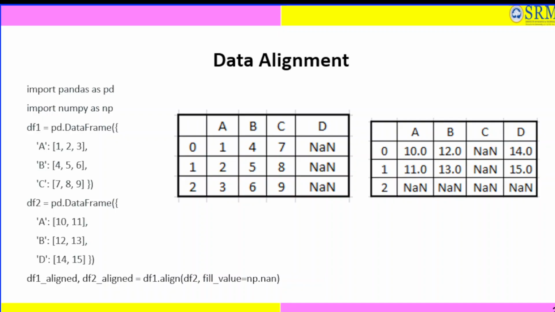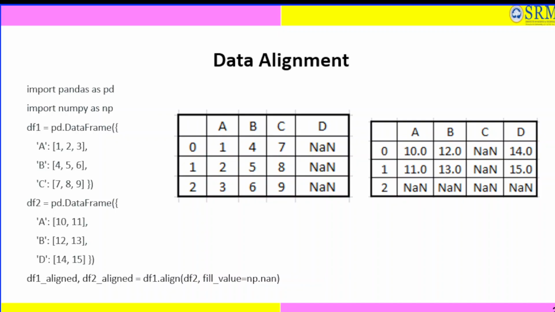In the aligned data frame, df1_align, df2_align is equal to df1.align(df2, fill_value=np.nan). So this particular line aligns the two data frames, df1 and df2.